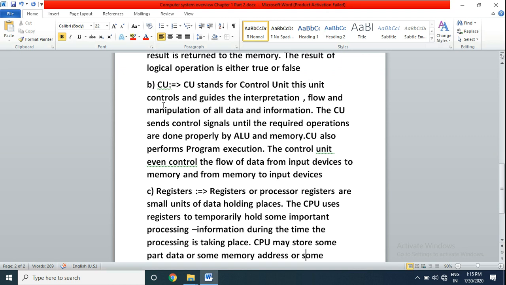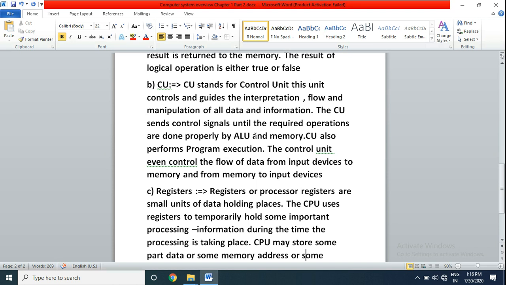This unit controls and guides the interpretation, flow and manipulation of all data and information. So it is a very important unit of the CPU, which is used for interpretation, flow and manipulation of data and information. The control unit sends control signals until the required operations are done properly by the ALU.